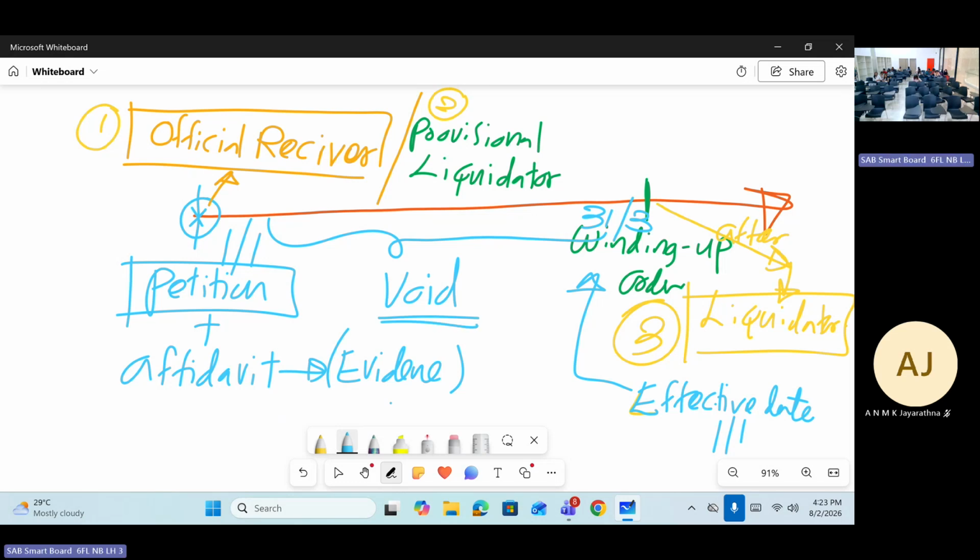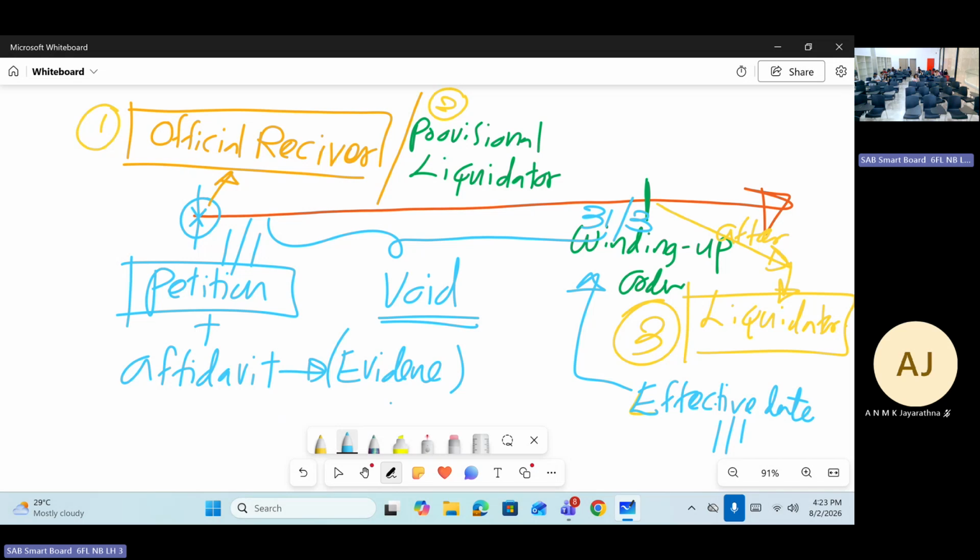Therefore, the effective date of winding up order becomes very important. After filing the petition, any transfer of property to another party, or alteration made to the position of the shareholders, all the transactions are to be treated as void.